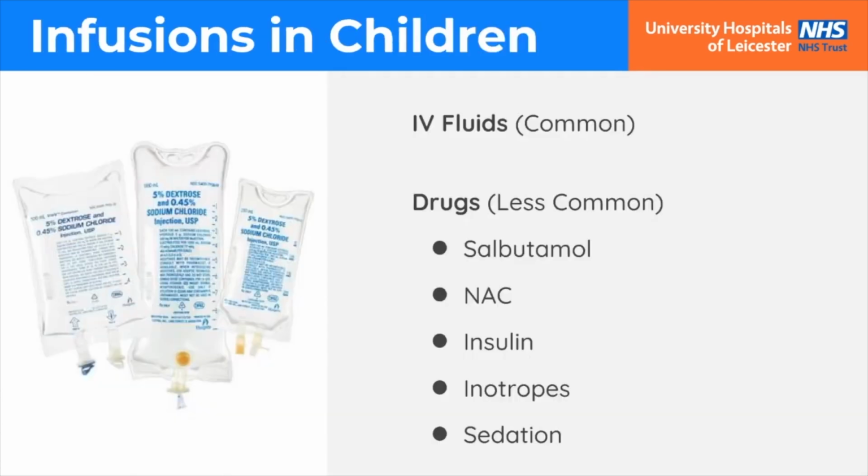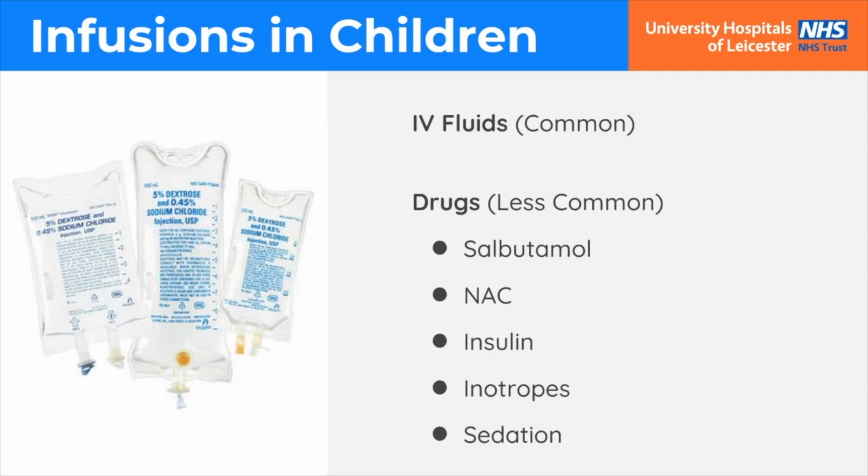If we move on to think about writing up infusions in children, infusions fall into 2 broad categories. The commonest infusions we prescribe are IV fluids for various reasons. Less commonly we'll prescribe drug infusions, things like salbutamol for severe asthmatics or insulin in DKA.